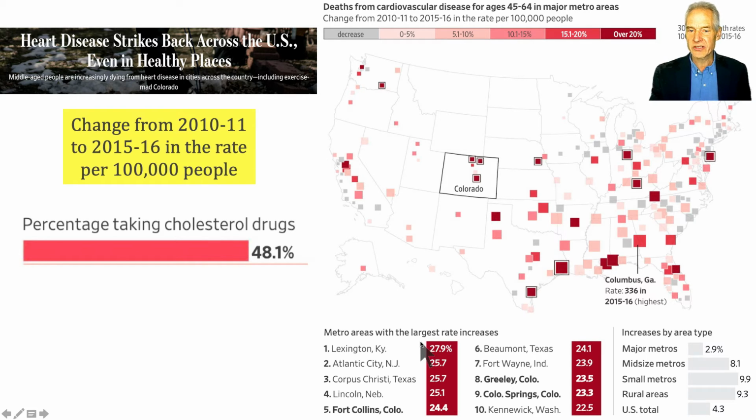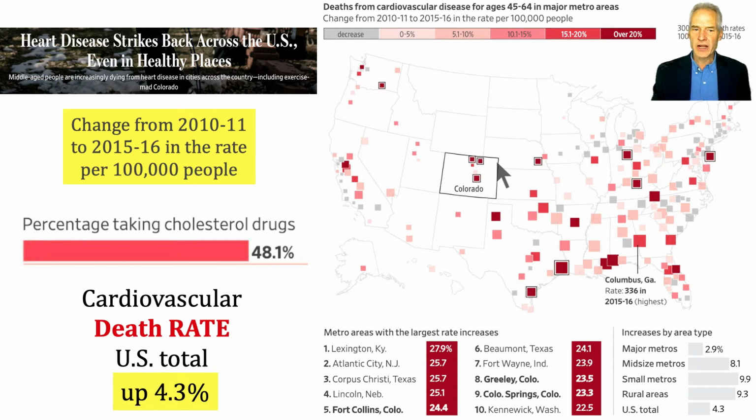If we look at Lexington, Kentucky, a 27.9% increase from just 2010 to 2015. The major metros, it's up. Rural areas, it's up. But importantly, even in healthy areas that you think, oh, these people are active and outdoors, mortality, heart disease, it's on the rise, not on the decline. So we're obviously not doing something right.